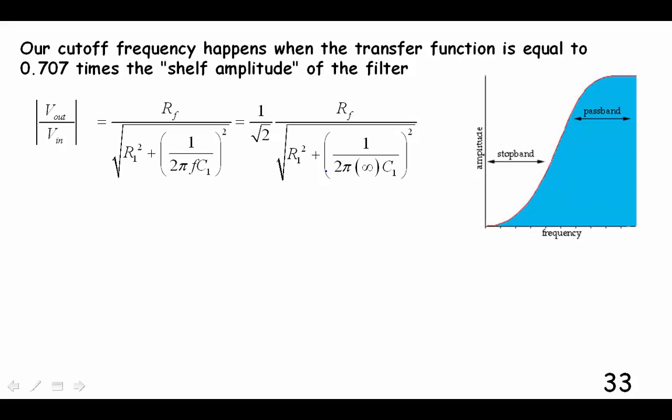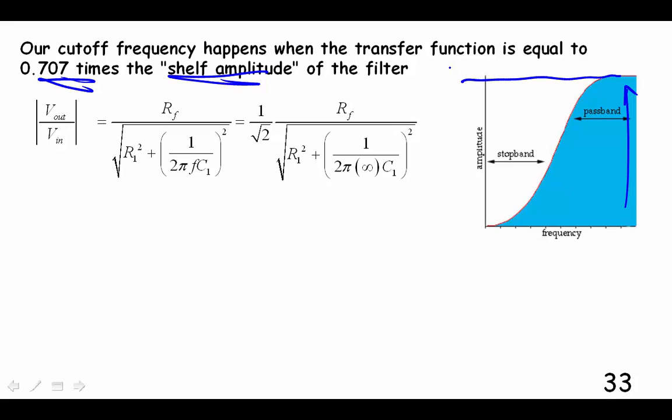Our cutoff frequency happens when the transfer function is equal to 0.707 times the shelf amplitude. So here's the shelf amplitude up here. Normally we would say that would be the input amplitude, but since we have an active filter, we are going to make a gain for our shelf. So this is going to be at some level above our input amplitude, because our gain is going to be greater than 1.